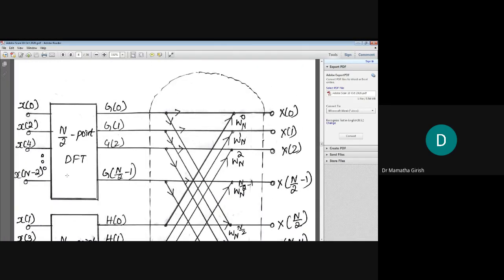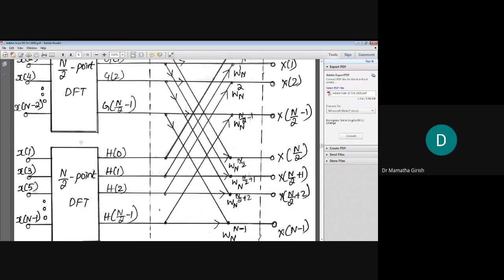For any given N-point DFT, how many complex multiplications are involved? We learned this in the previous two classes. N square. For N-point DFT, it is N square. For N/2-point DFT, how many complex multiplications do we require? (N/2) whole square. So one (N/2) whole square for this, one (N/2) whole square for this.